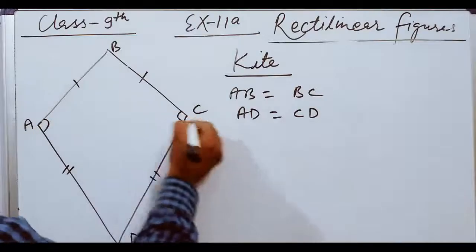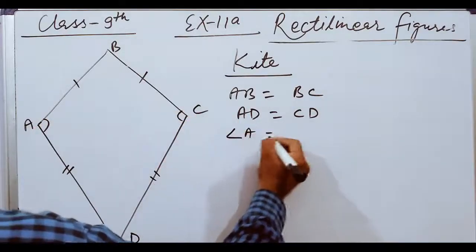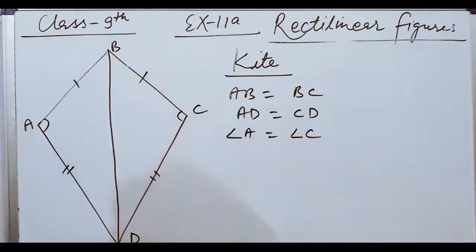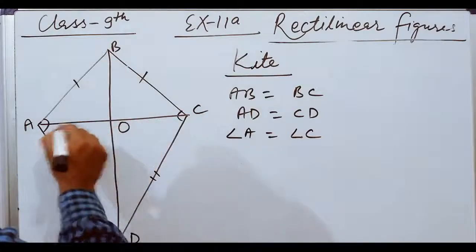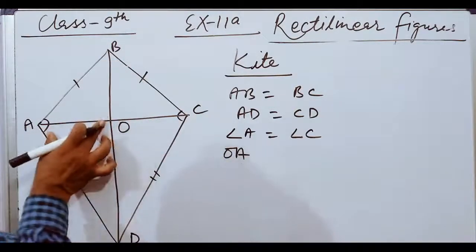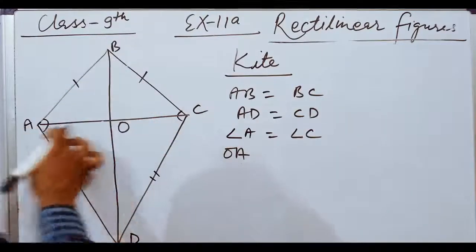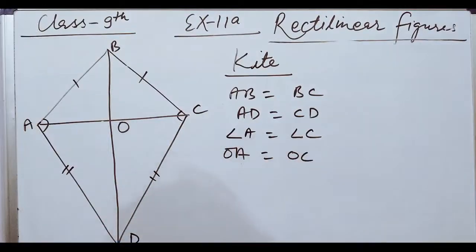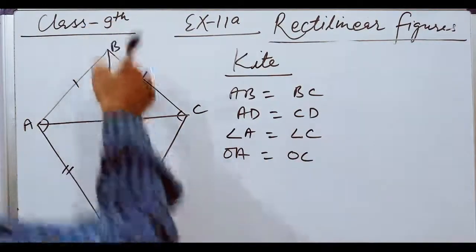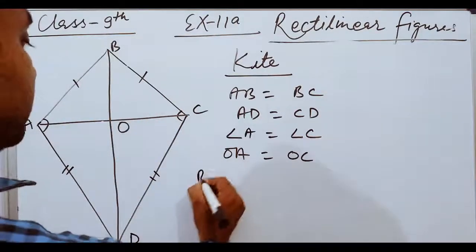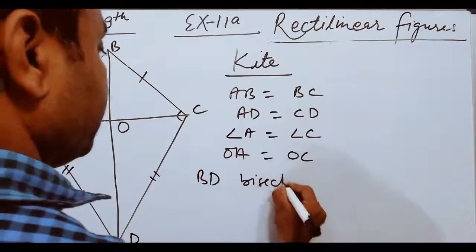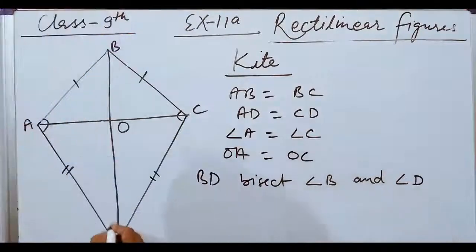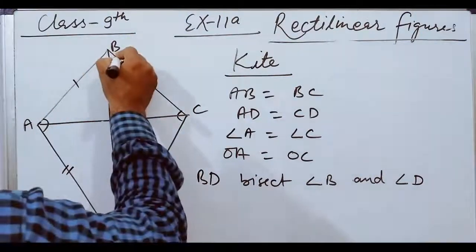Then angle A equals angle C. These are diagonals, and this is O. Diagonal BD bisects diagonal AC, meaning OA equals OC, and BD bisects angle B and angle D. Bisect means this equals this.